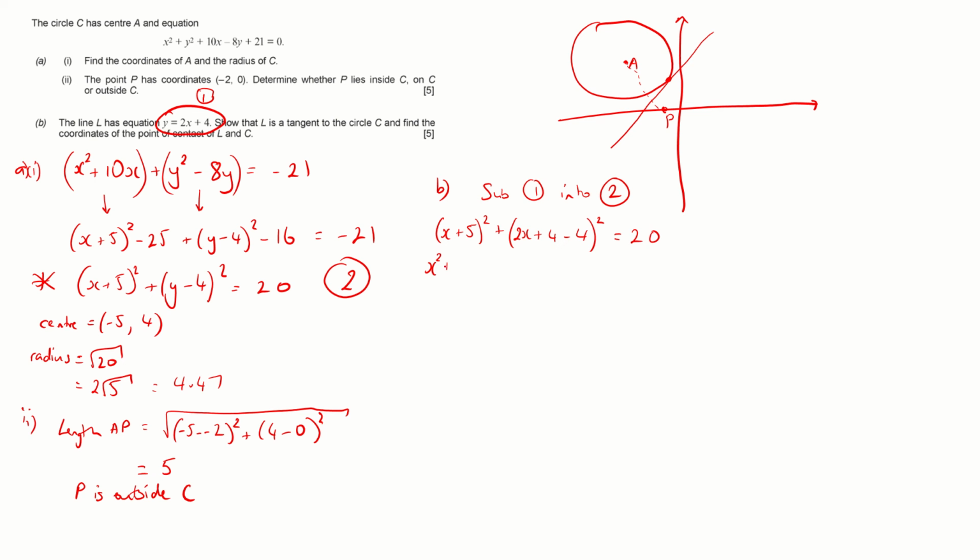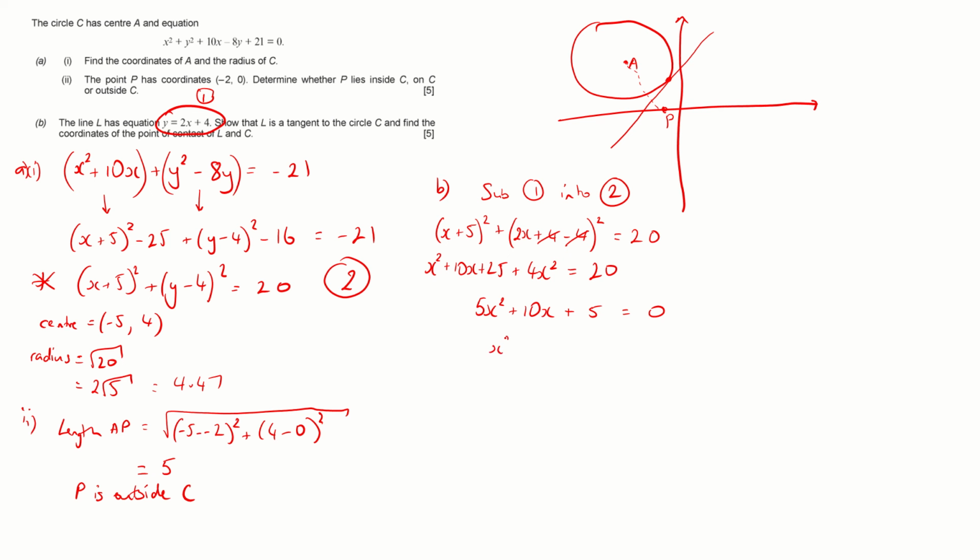Okay, expand this in brackets. First bracket, x squared plus 10x plus 25. Now the second bracket, the 4 and the minus 4 are going to cancel out, and I just have the 2x all squared, which is 4x squared. That equals 20. Now if I rearrange this, I'll collect things together. 5x squared plus 10x plus 5 equals 0.